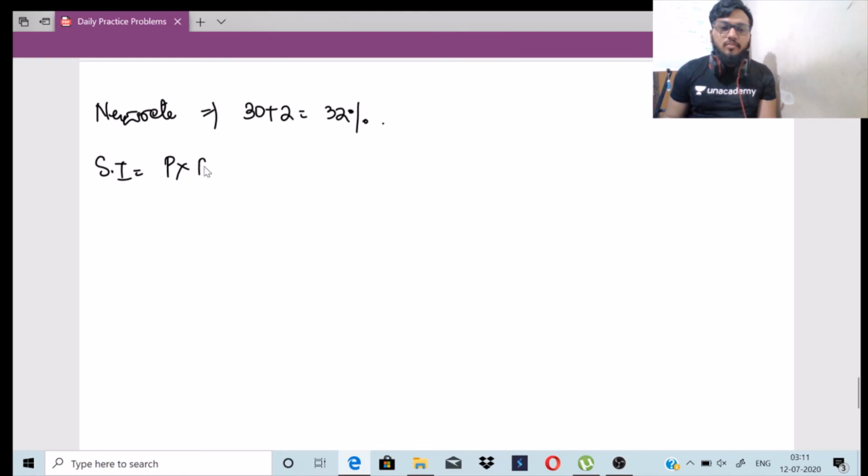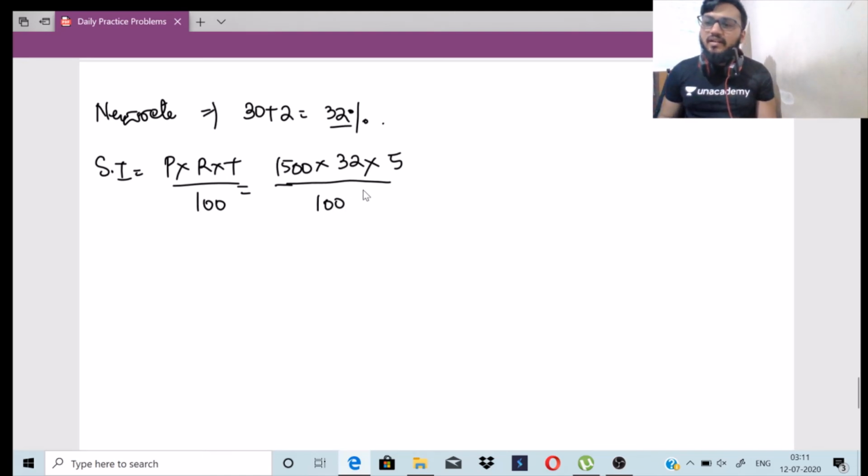So the formula you know, P into R into T divided by 100. Here the P is 1500. What is the R? The new rate, you have to put 32, and the time remains the same, 5 years. 1500 into 32 into 5 divided by 100.